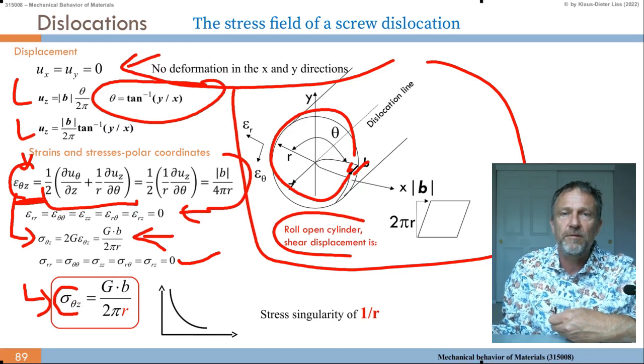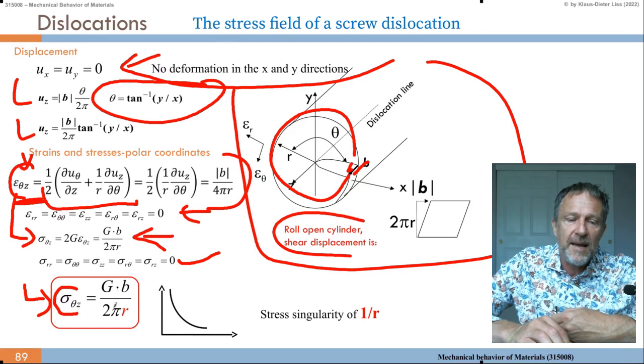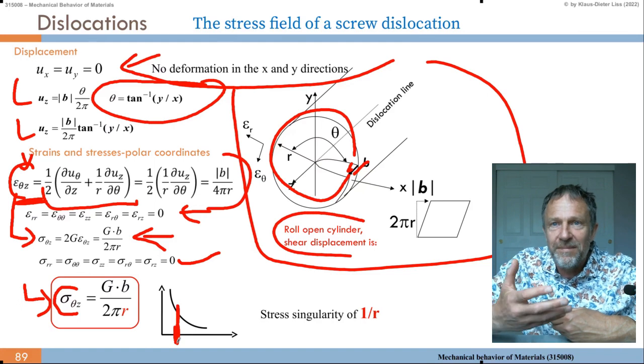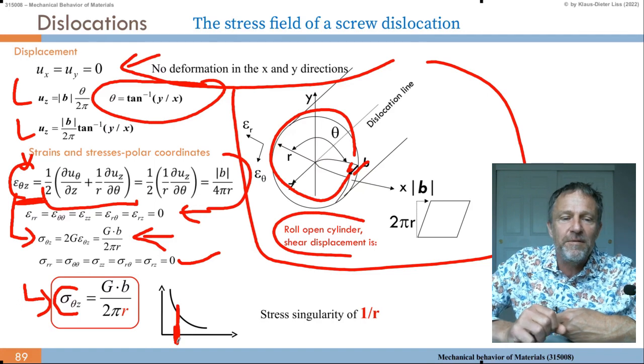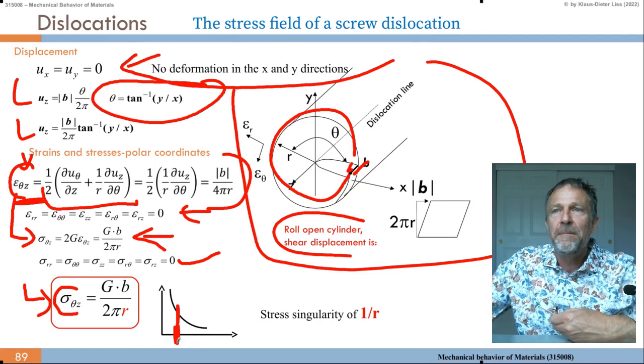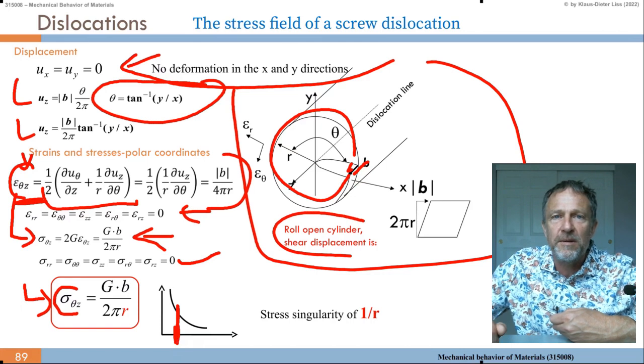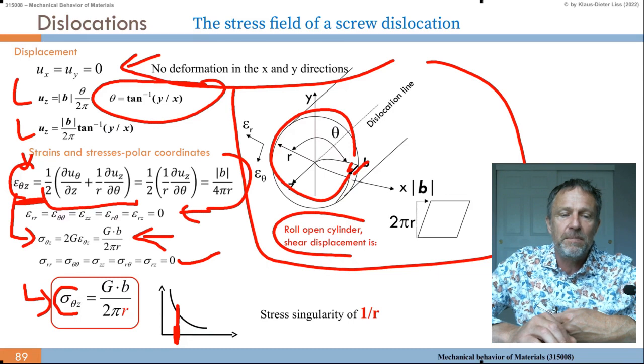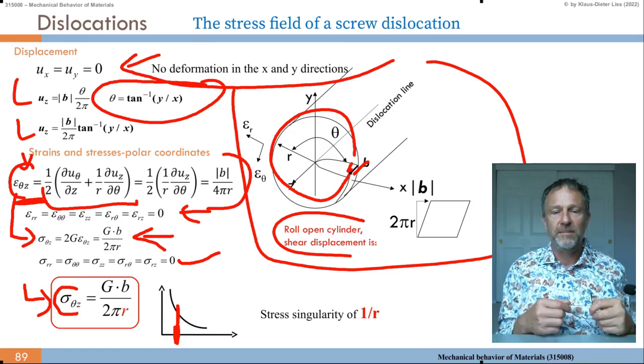And that's where the model fails. So we can say around the dislocation, we have a dislocation core where we don't have this linear elastic deformation. We have a different arrangement of atoms. They are arranged somehow, but not described by this very general formula.